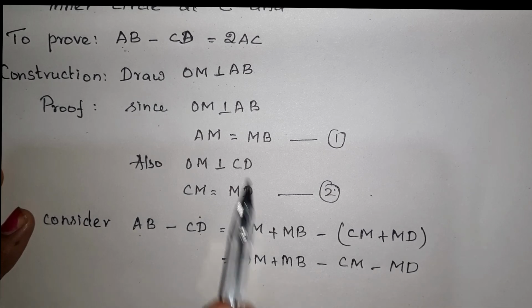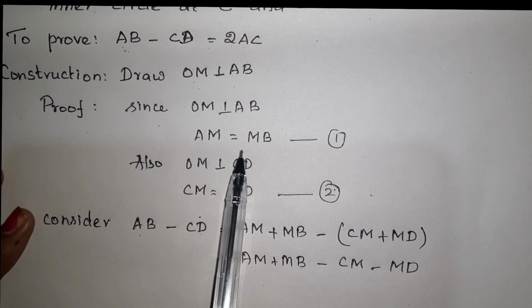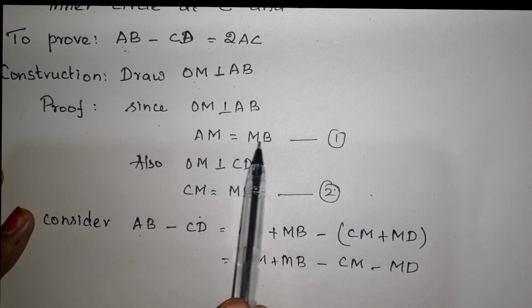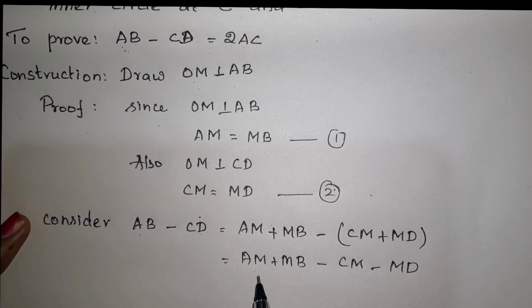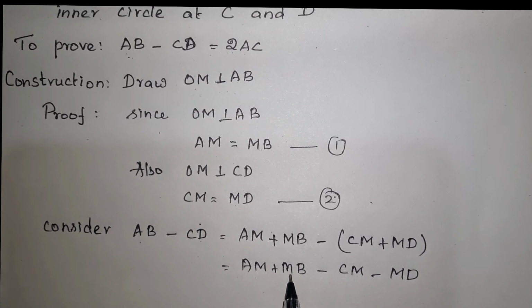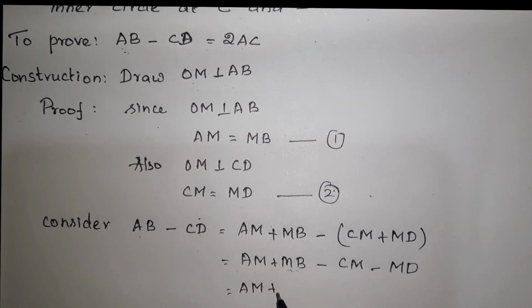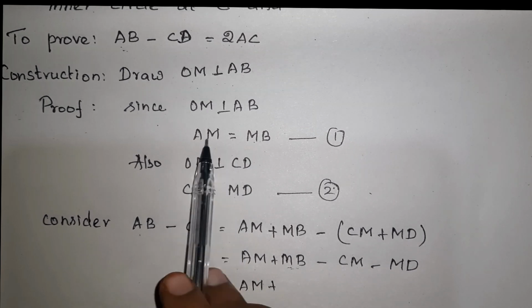Okay. So using 1 and 2, AM is equal to MB. Also CM is equal to MD. So in place of AM, we can apply the value MB. Otherwise in place of MB, we can apply the value AM. So I am going to change this value of MB because both are equal. AM value let it be plus, then MB value, MB is equal to AM.